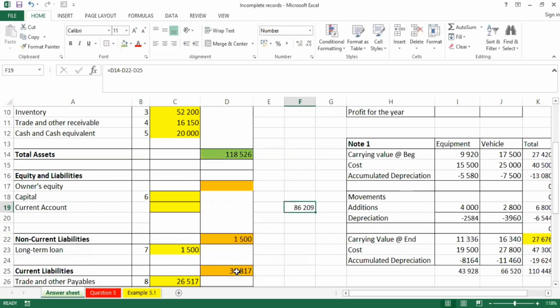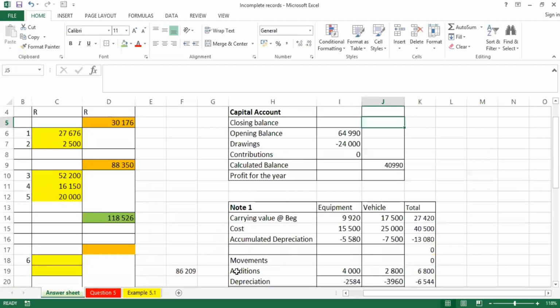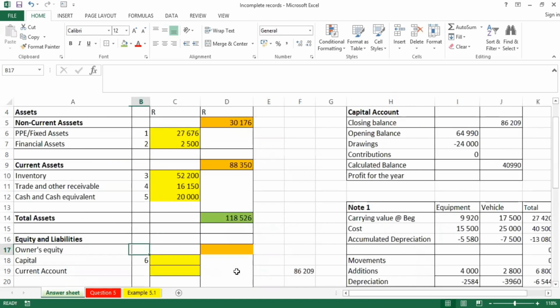And then we get 86,209, which is our closing. So this 86,209 is our total owner's equity.